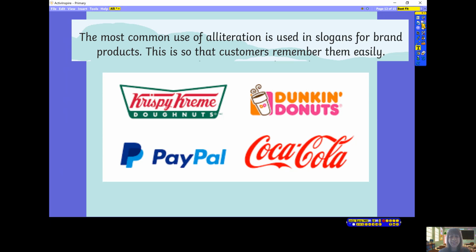So I've got a few examples here of famous products that have used alliteration in their product names. So I've got Krispy Kreme donuts, Dunkin' Donuts, PayPal, Coca-Cola. So again, using the same sound in the word or phrase to make it stick in your head. A really great feature in persuasive text.